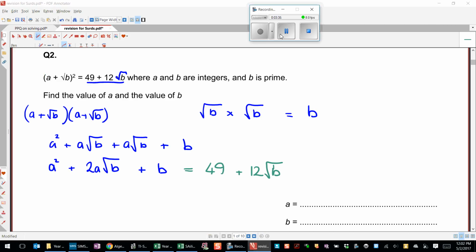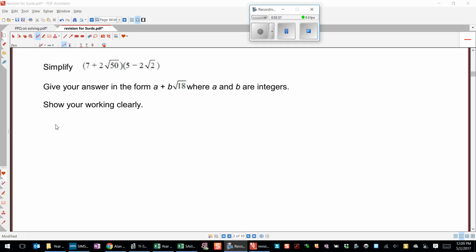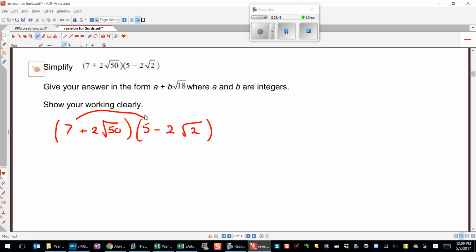How you getting on? Have you carried that? So we've got, this can be simplified. Have you done your FOIL? So 7 times 5 is 35. Then we've got 2 root 50 times 5.